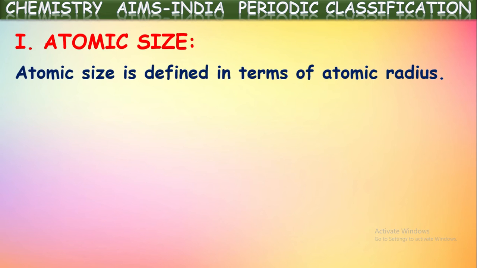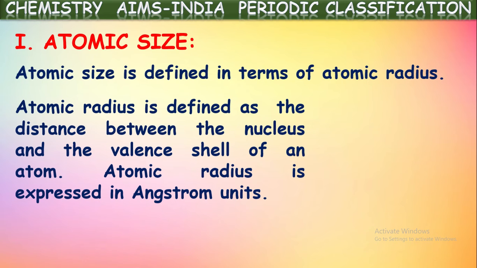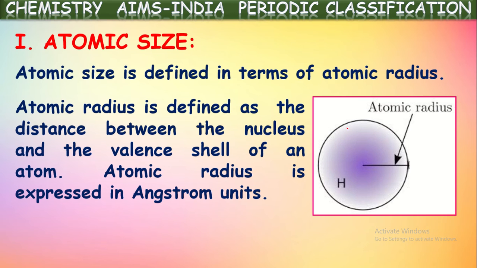Atomic size is defined in terms of atomic radius. The size of the atoms is considered in terms of their atomic radius. What is atomic radius? The atomic radius is defined as the distance between the nucleus and the valence shell of an atom. For example, consider a hydrogen atom.